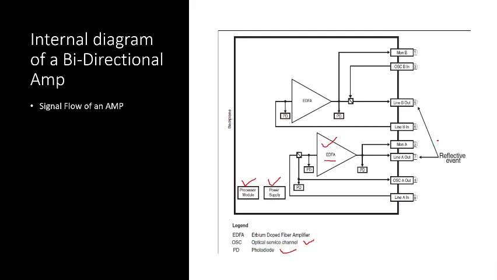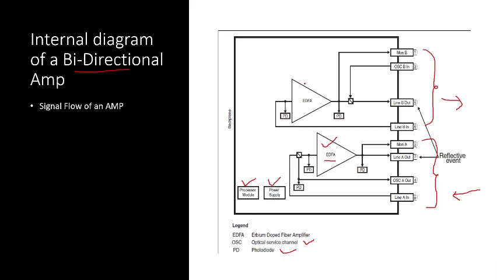As I said, this is bidirectional, so two directions are processed with the help of a single card. Here the lower four ports are used for one direction, which is the signal coming from side 2 to side 1, whereas the upper four ports are for the signal going from side 1 to side 2.